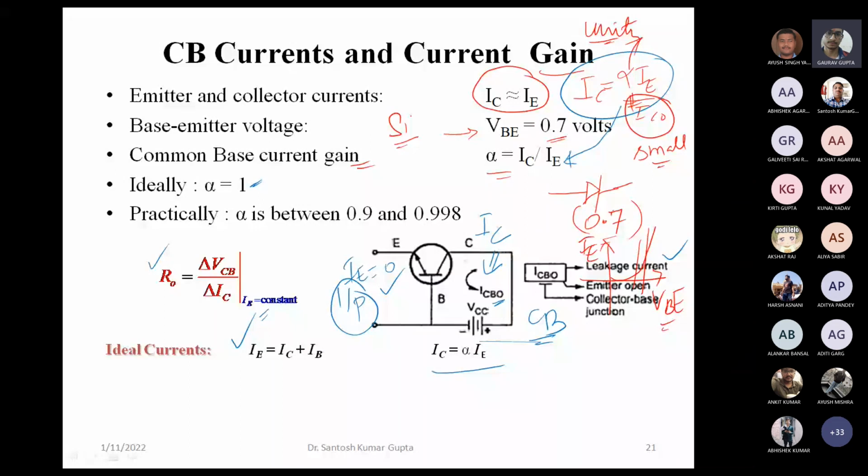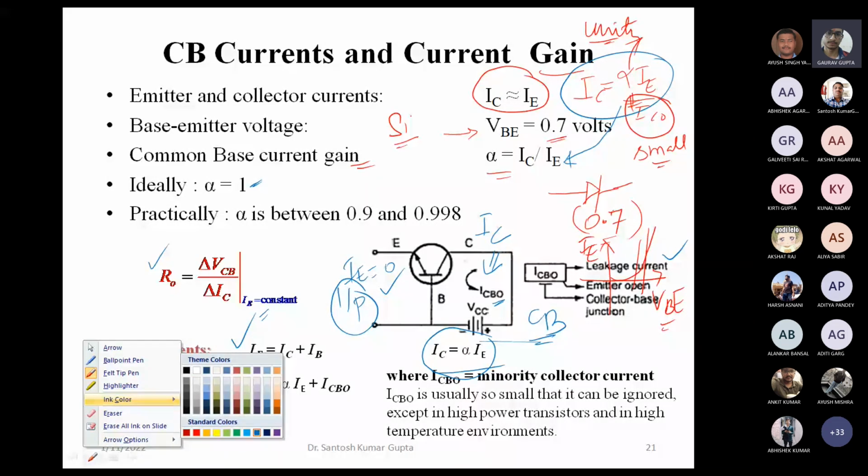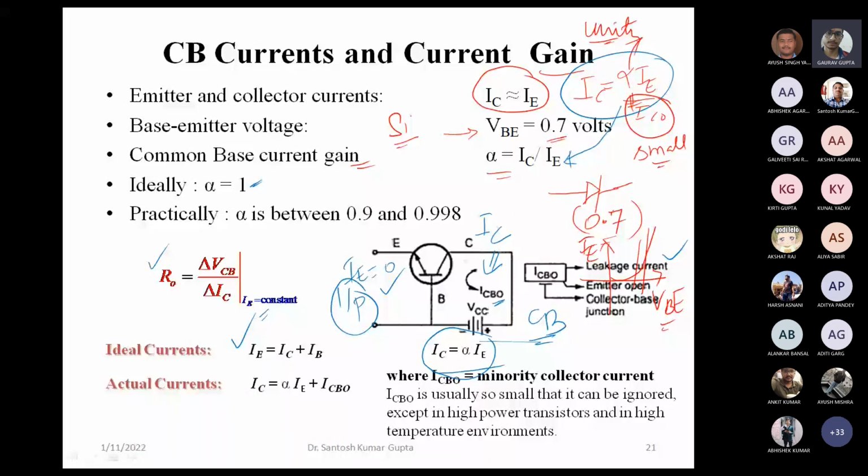So these are the things which we define. This IC equal to alpha IE is an approximated value as already discussed. Along with this alpha IE, we also have this leakage current ICBO which flows. This is nothing but ICO which we have been discussing.